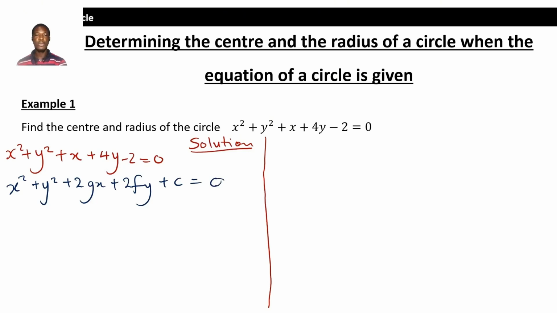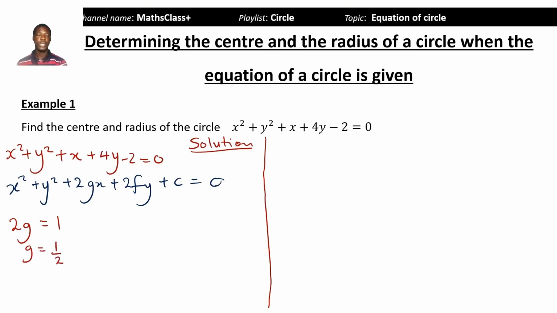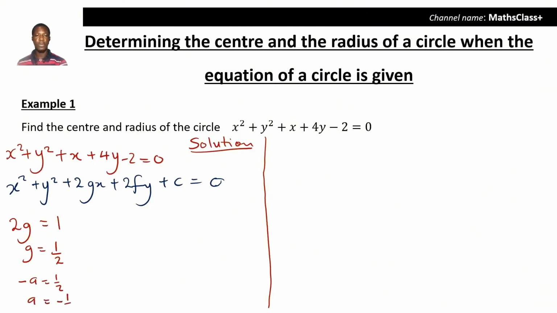Now comparing the two, we see that 2g is equal to 1. And so we can say g is equal to 1 over 2. If we remember, we used g to represent negative a. So it means that negative a is equal to 1 over 2, and so a will be equal to negative 1 over 2.